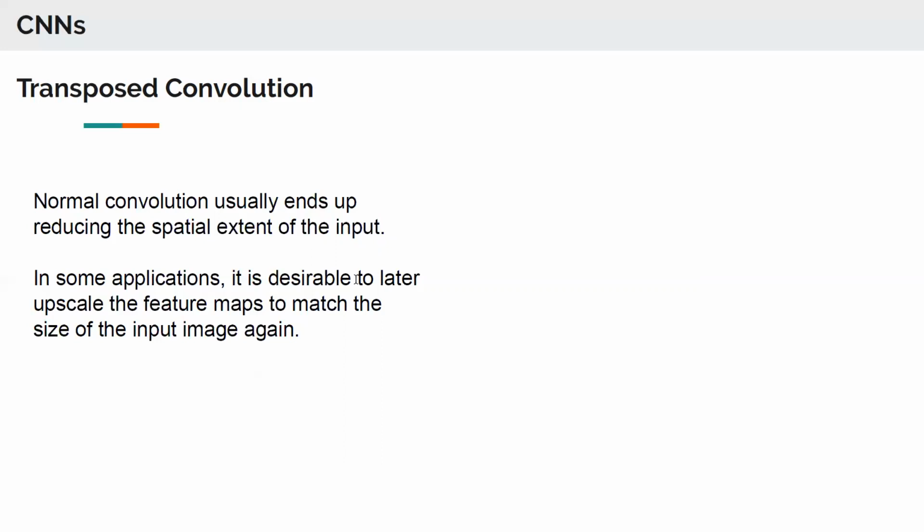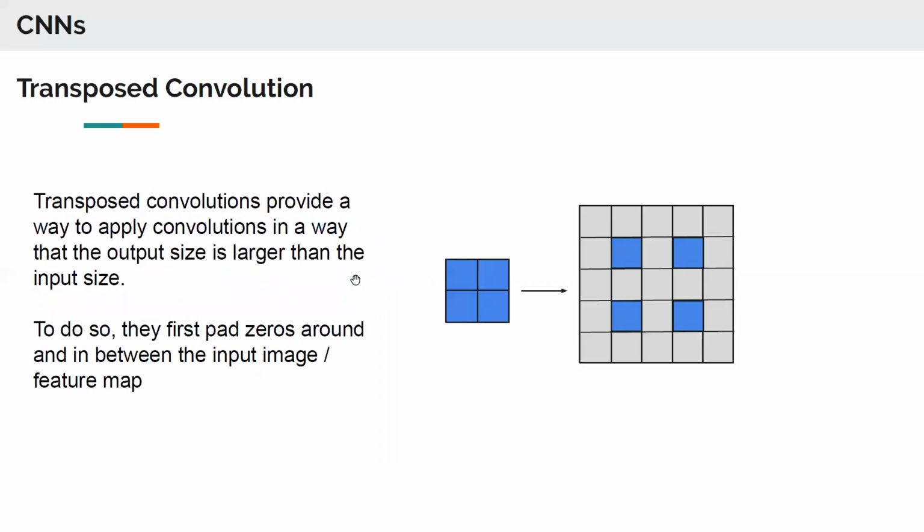But for some applications, for instance, for image segmentation, after we have reduced the representation size, at some point we would also like to increase the representation size back to the original resolution because our output is of the same size as the input. And therefore we need some mechanism to have this increase in resolution.